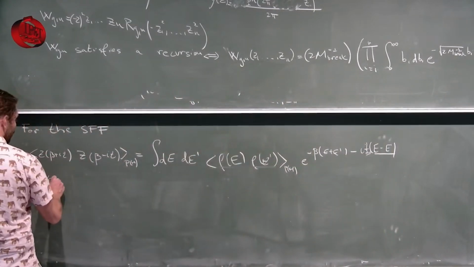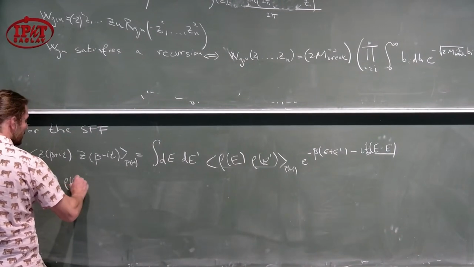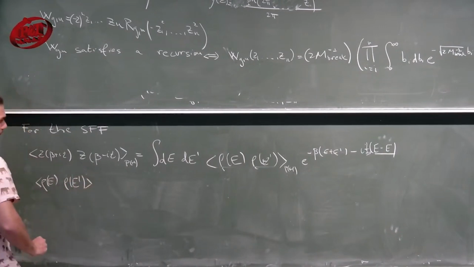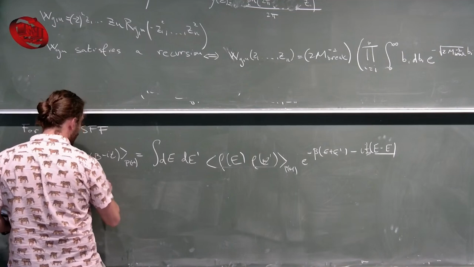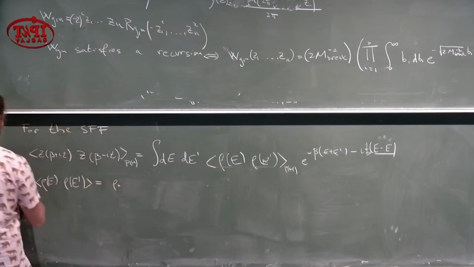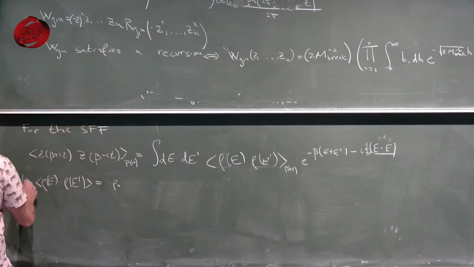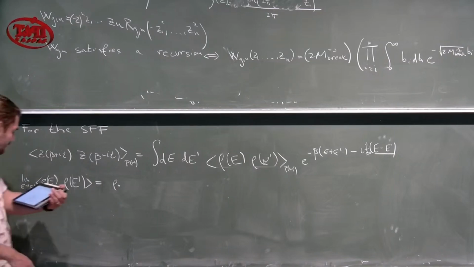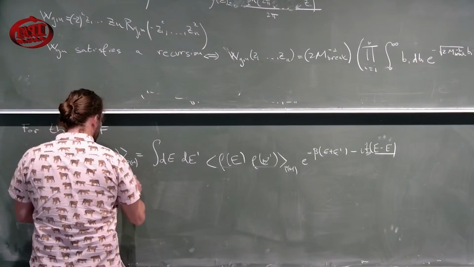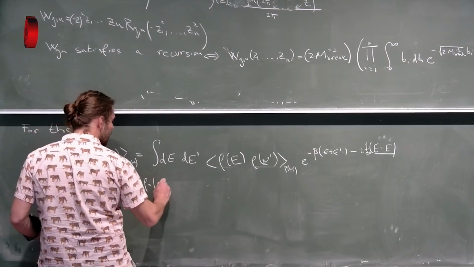So rho of E, rho of E prime, from the matrix integral point of view, it has been shown that it takes the following universal form as E approaches E prime. By E approaches E prime, I don't mean that E minus E prime is of order e to the minus S naught. I actually just mean that E minus E prime is much smaller than the scale of the energy variation of the density. So it contains a disconnected piece.